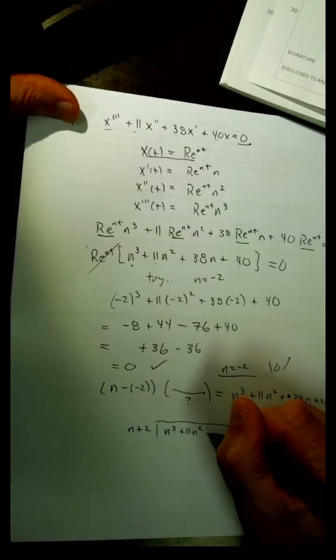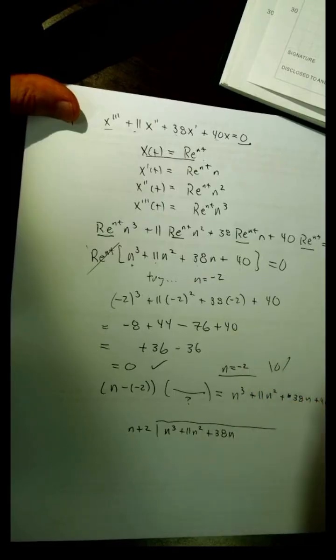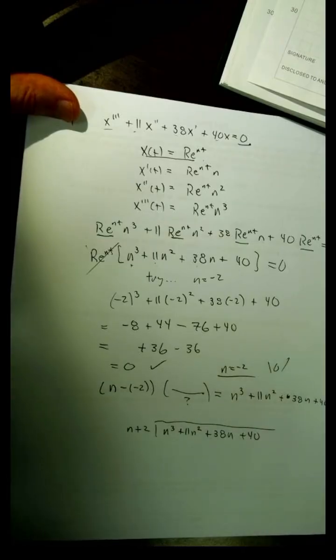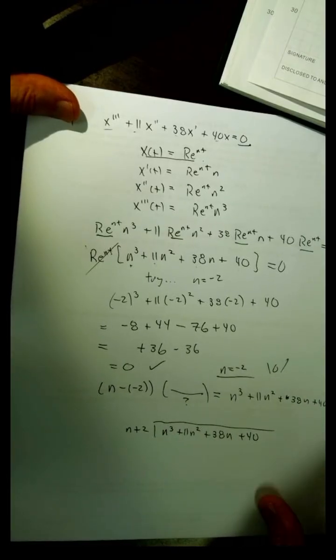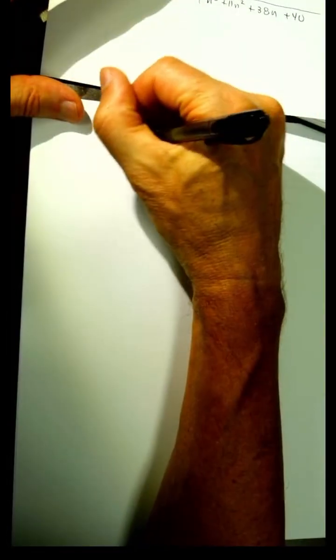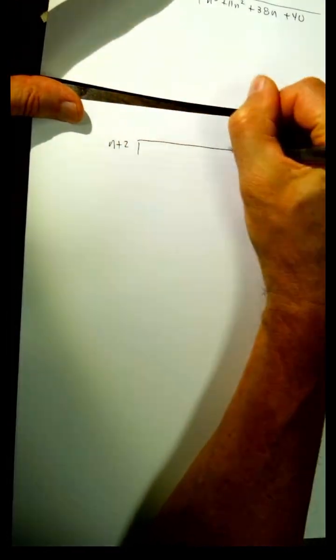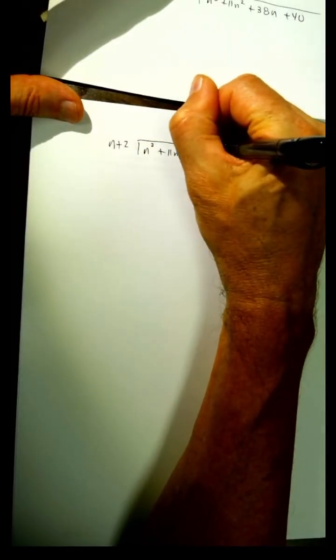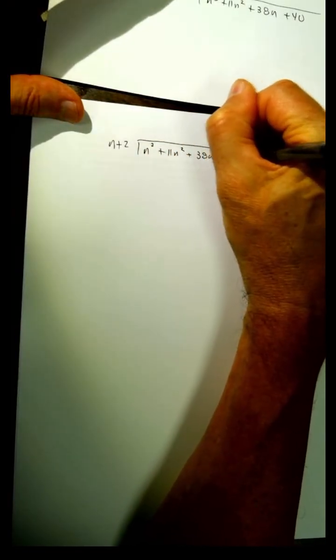I'm going to go ahead and do this because I love algebra. So I've got to figure out how to divide this out. Again, if you prefer to use synthetic division, that's fine. This is more fun, so I'm going to do this. How many times does n plus 2 go into n cubed plus 11n squared plus 38n plus 40?